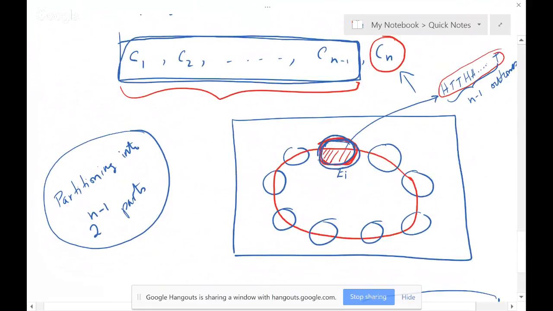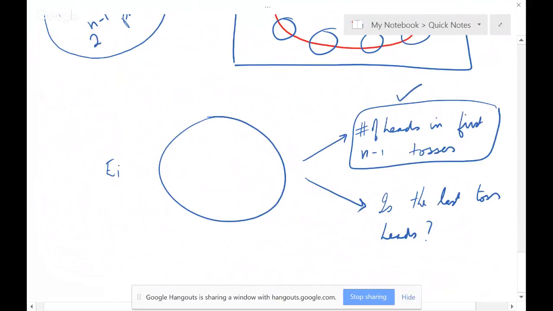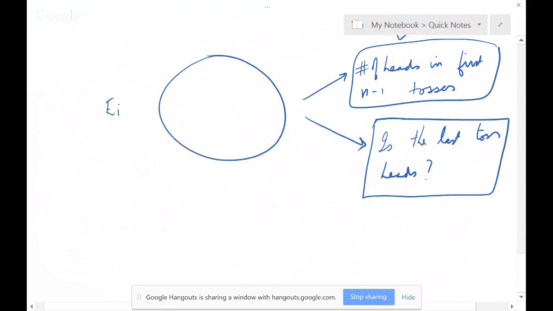We are conditioning on this Ei, so this portion is already fixed. But regardless of what that is, the last toss, heads or tails, is going to hold with probability half. Let's take an example.